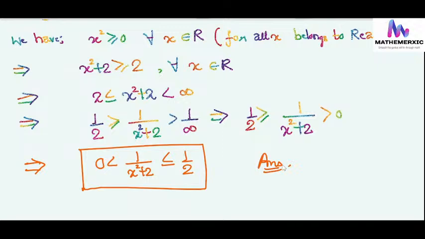And in case of reciprocal, again the inequality will change.